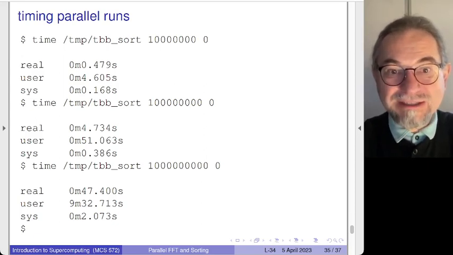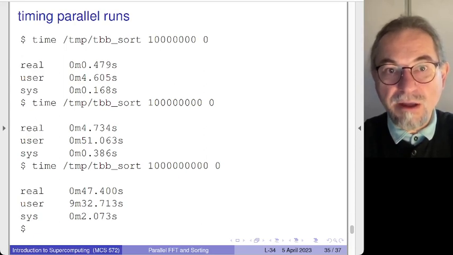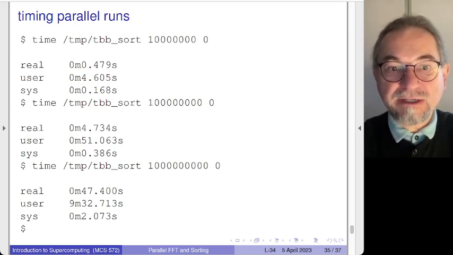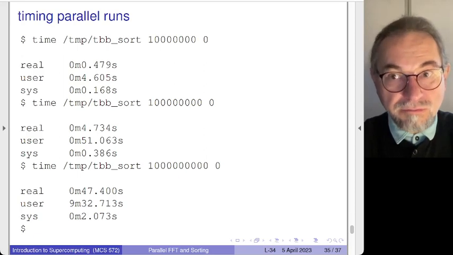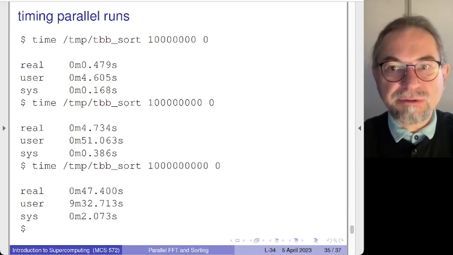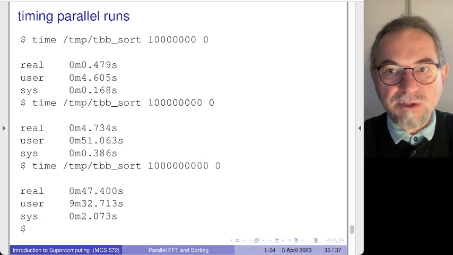So this is one sequence of 1 billion numbers sorted in 47 seconds, starting from 479 milliseconds, half a second to more than half a minute. Okay, so this is the second time that we witness superlinear speedup.